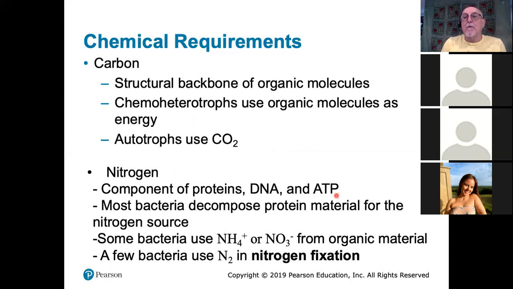So it's easy to understand how we acquire our carbon, or how prokaryotes acquire their carbon. They're either utilizing carbon dioxide if they're autotrophs, or they're using already manufactured biomolecules as a source of carbon.